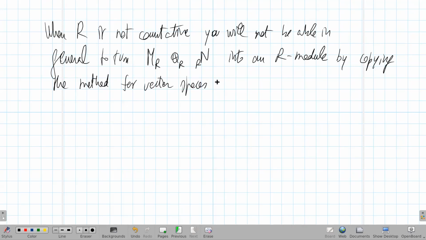And what's the method for vector spaces? The method for vector spaces is that when you multiply it by A, this is equal to MA tensor N, but of course this is also equal to M tensor AN. And why this is impossible, so I'll strike it in red, because you see, if you look at it this way, it's a right module, but if you look at it this way, it's a left module, okay? So this cannot be a module because it doesn't know whether it is a right module or a left module, okay?